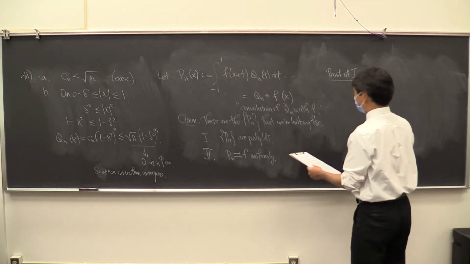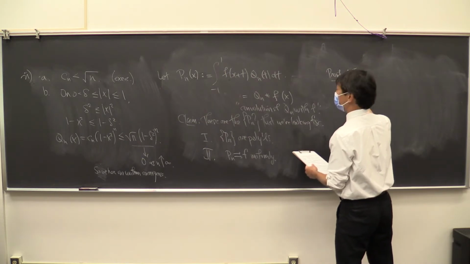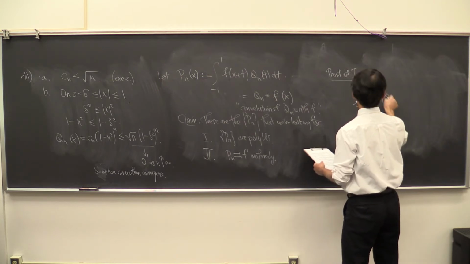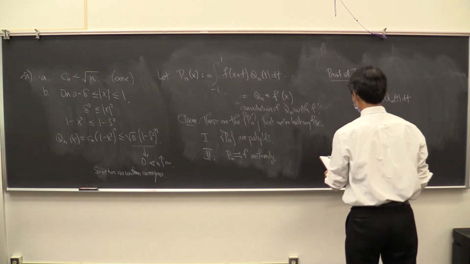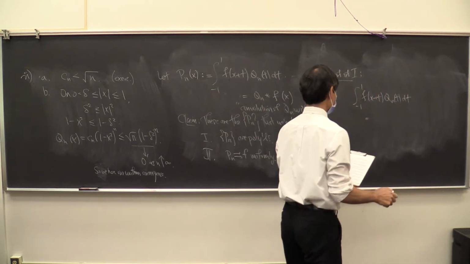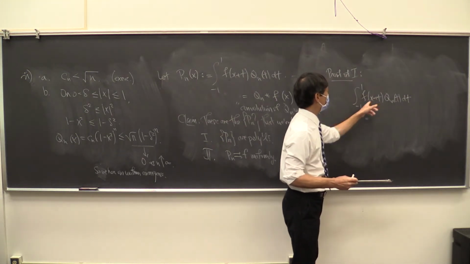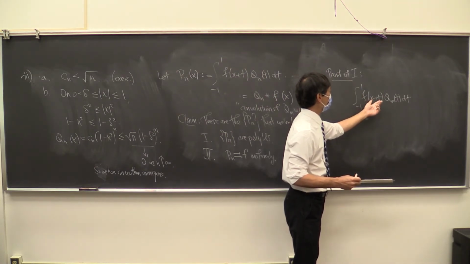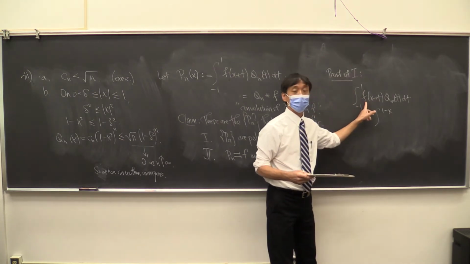So let's see why that's true. It's pretty straightforward. Let's look at this thing here, the integral of f of x plus t, q sub n of t, dt. So what's the point here? As t ranges from -1 to 1, we've got this t plus x, so t only needs to go up to 1 minus x, because f is 0 past 1.